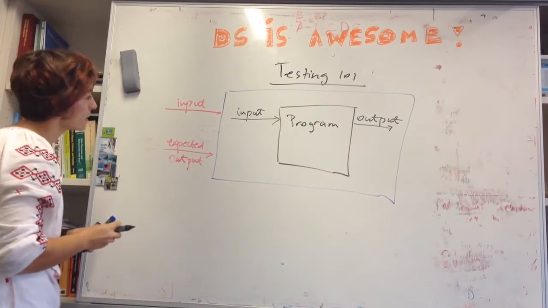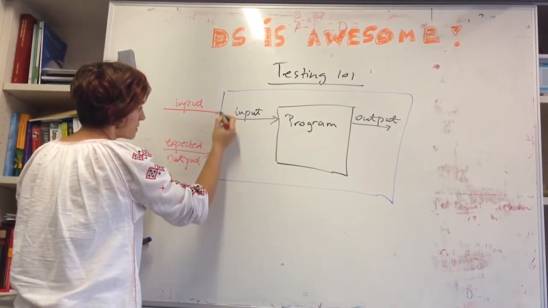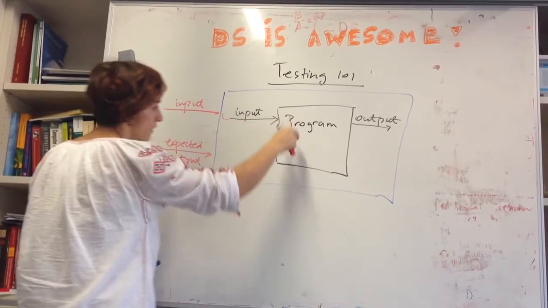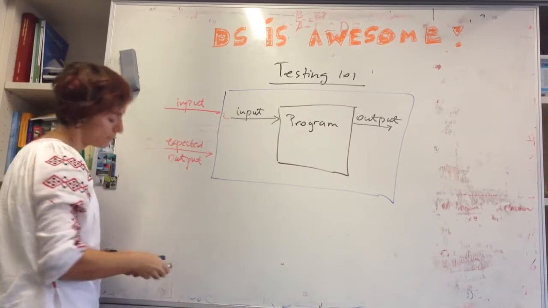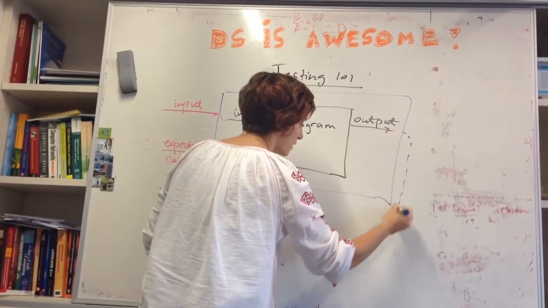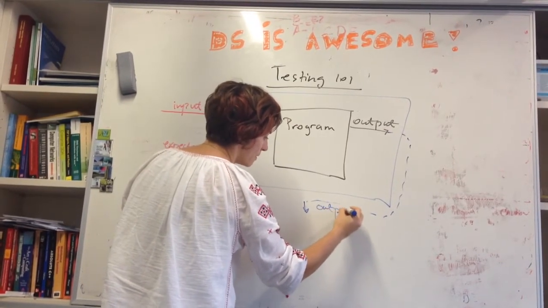For each of these inputs, it will feed the input to the program, run the program with the input that is given, and then capture the output of the program in some way. So this is basically the output of the program.